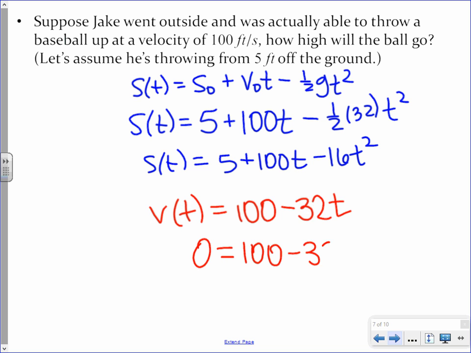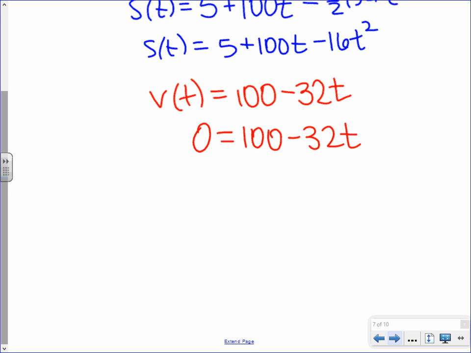At that top height, our ball is going to change from positive velocity to negative velocity, which means that instant is going to have to be 0, which is at what time? 3.125. At 3.125 seconds, our ball reaches its maximum height.